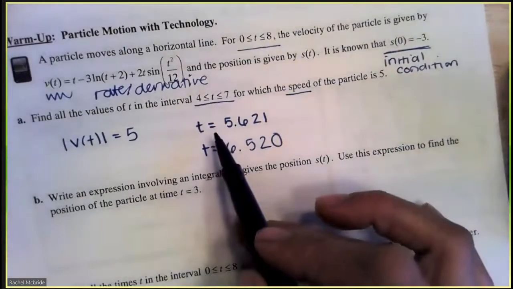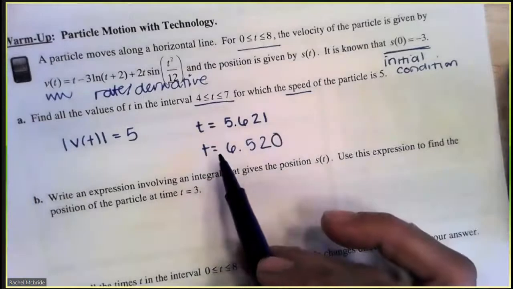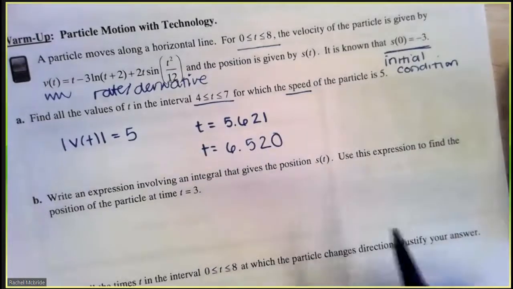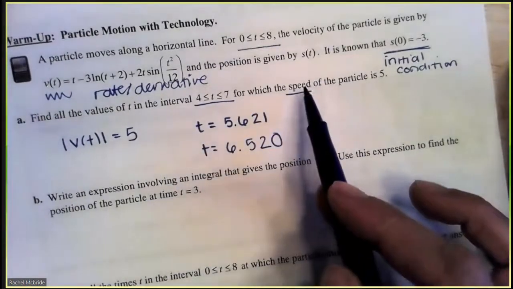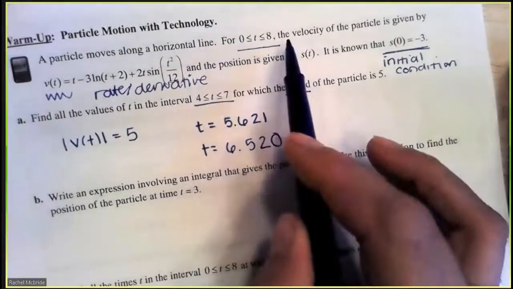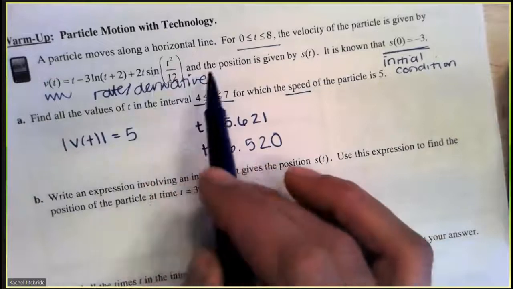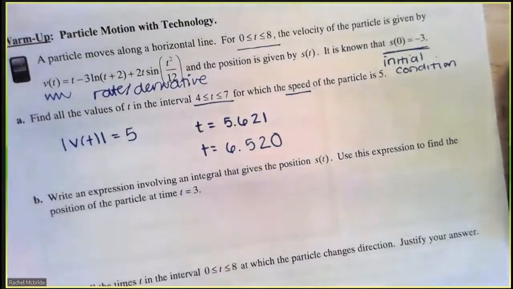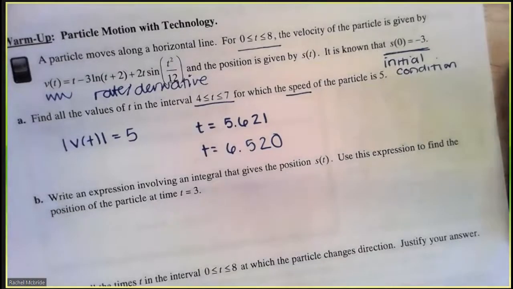Okay, so we have t equals 5.621 and t equals 6.520. Now, this is speed, and we were told that this is velocity. I was just going through to see if we were given any units. We were not.